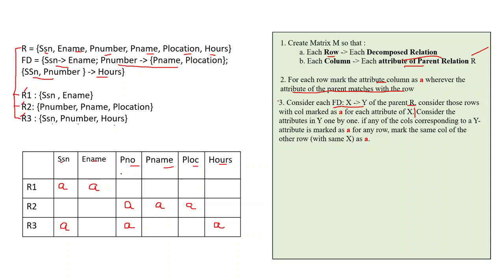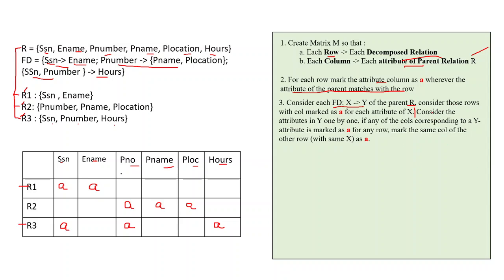In this case, X is SSN and Y is ename. So we consider those rows with the column marked as A for each attribute of X. X has only one attribute, SSN, so we identify those rows whose SSN column is marked as A. R1 and R3 have their SSN marked as A. We are not considering R2 for now. We will consider only R1 and R3 for this case.